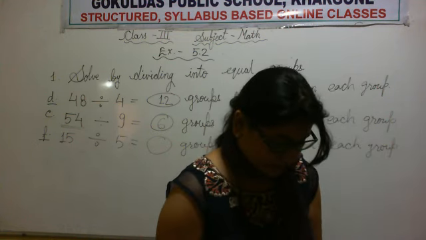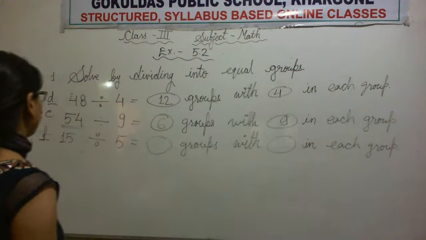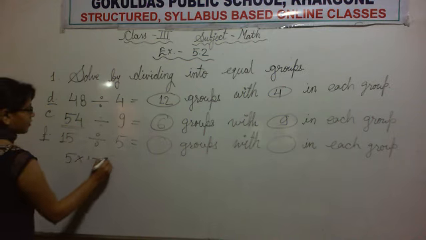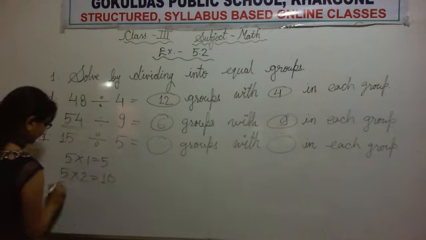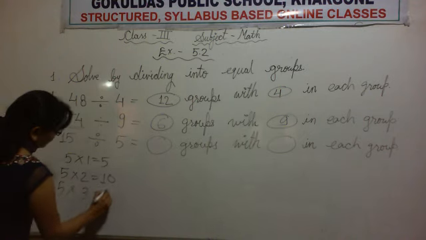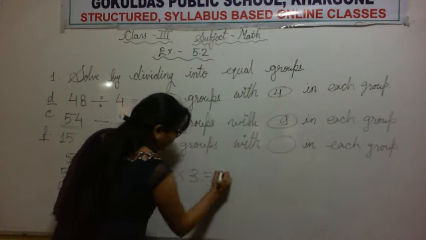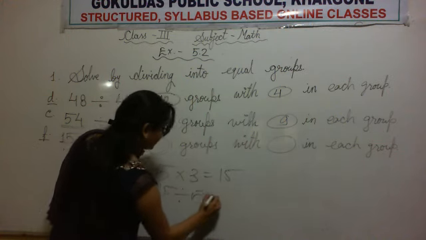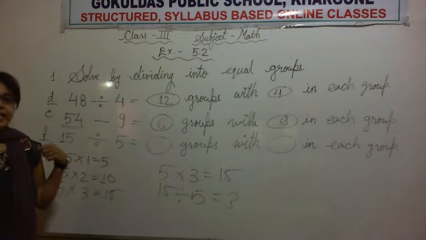So for this you need to write the table of 5. 5 ones are 5, 5 twos are 10 and 5 threes are 15. So 5 threes are 15 and 15 divided by 5 is equals to 3. This is the multiply divide cycle.